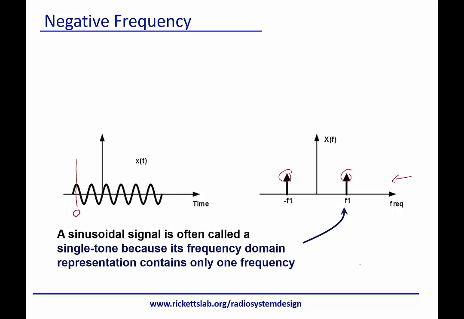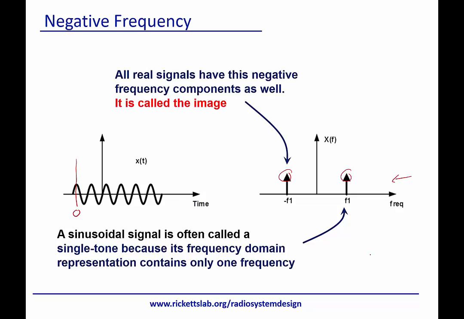And so we often say that a sinusoid is a single tone because it contains a single delta function in the frequency domain. And we also need to remember that all real signals have a negative frequency component as well, or it's sometimes called an image. And so whenever you look at the frequency domain, you should always see the image if it's a real signal.